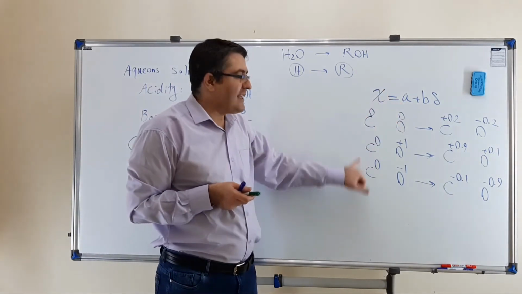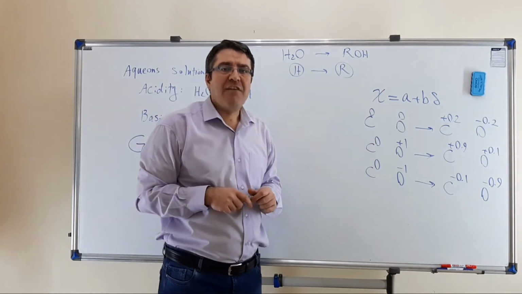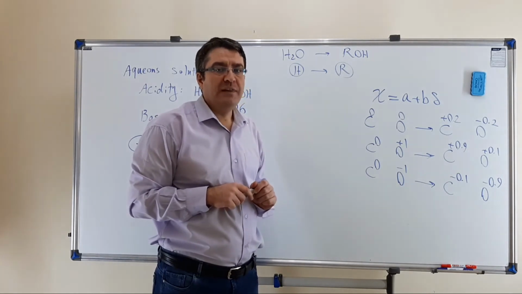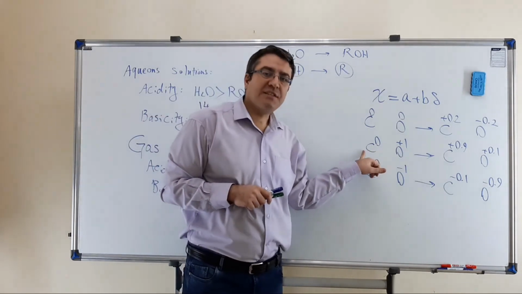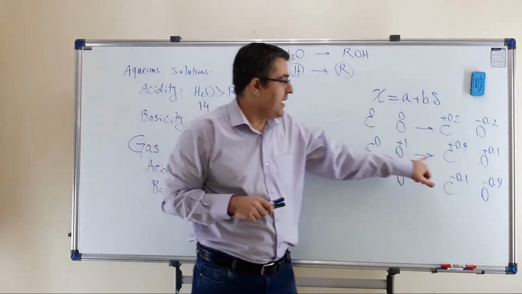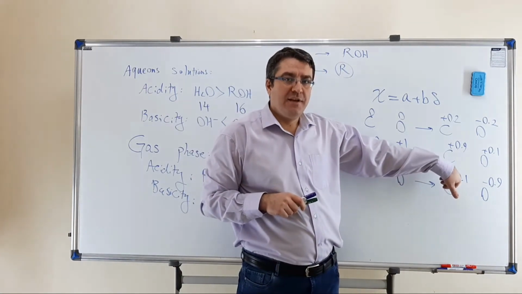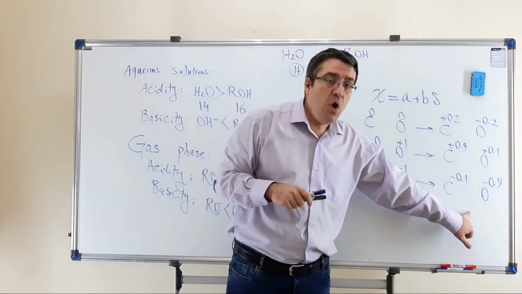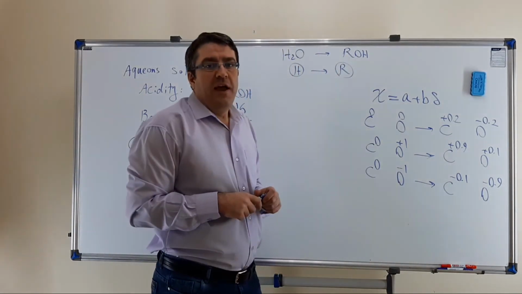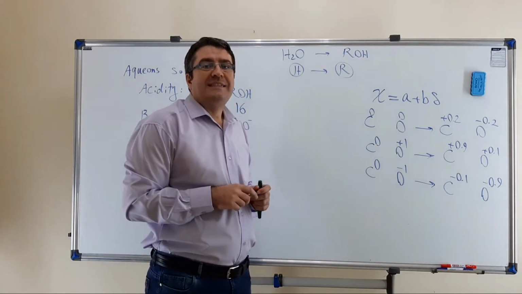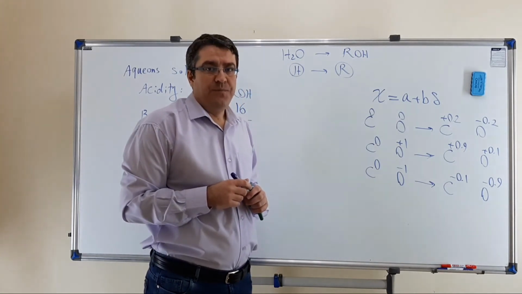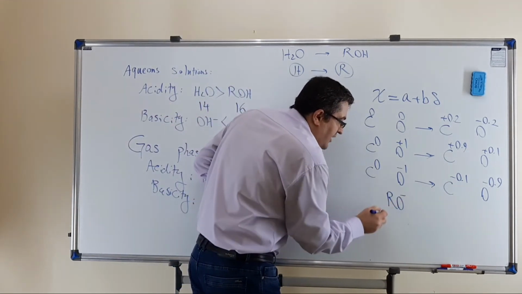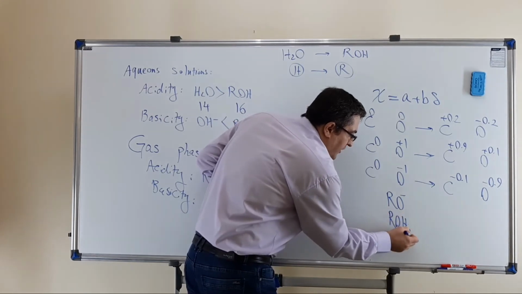So we see that alkyl groups can have both electron donation and electron withdrawal ability. Against positive charge, alkyl groups can donate electrons. Against negative charge, alkyl groups can withdraw electrons. So alkyl groups can stabilize ionic species, either negative or positive, such as alkoxide anion or alkyloxonium cation.